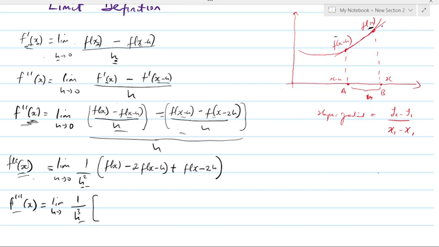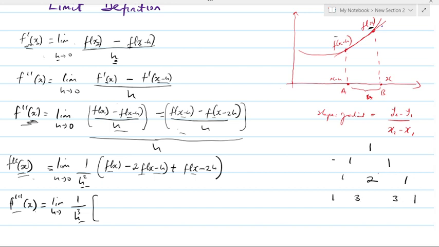Another thing is the coefficient of these functions. For the first derivative, the coefficient is 1, 1. If you remember your Pascal's triangle, we have 1, we have 1, 1, we have 1, 2, 1, we have 1, 3, 3, 1.